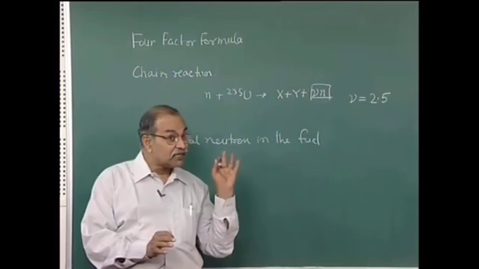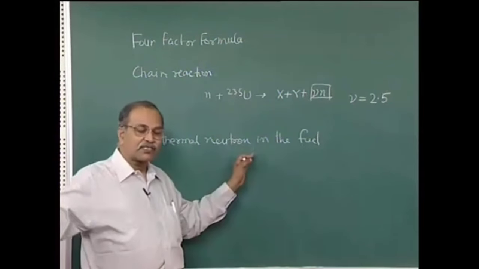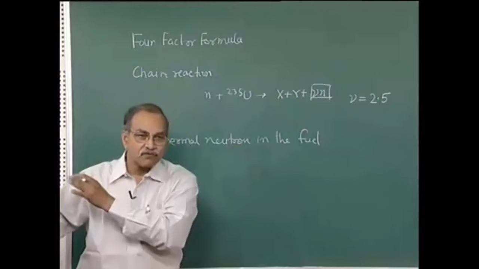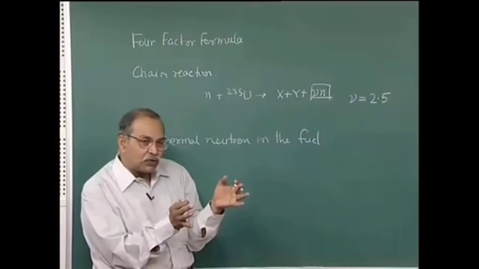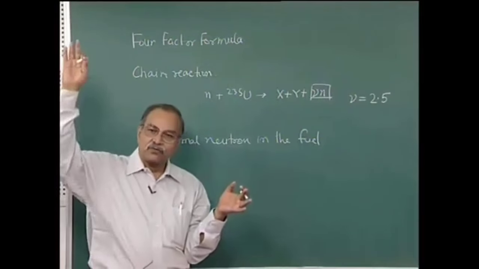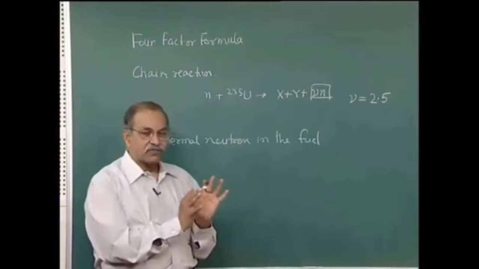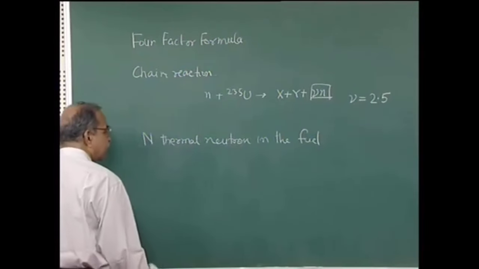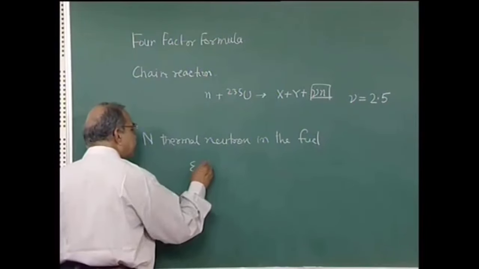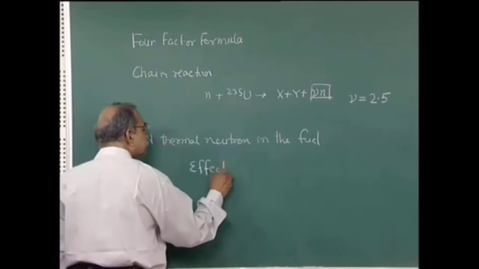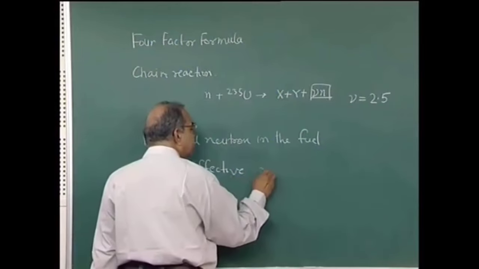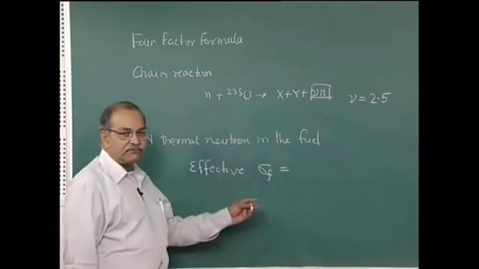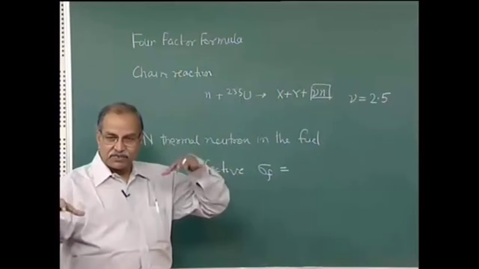We are talking of thermalized neutrons, so the resonances are out of question. Those resonances are beyond 1 electron volt, but even in this lower region, although it is not going through those resonances, some cross section is there for that non fission kind of reaction. So, you talk of effective cross section for fission, effective also because you have both the species.